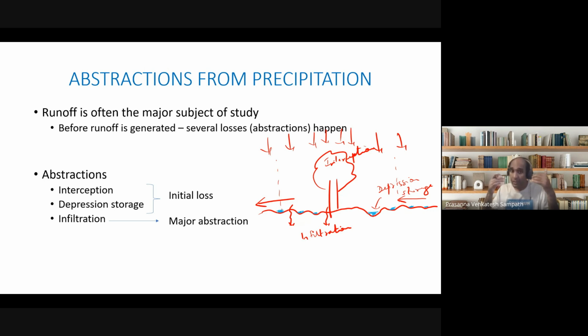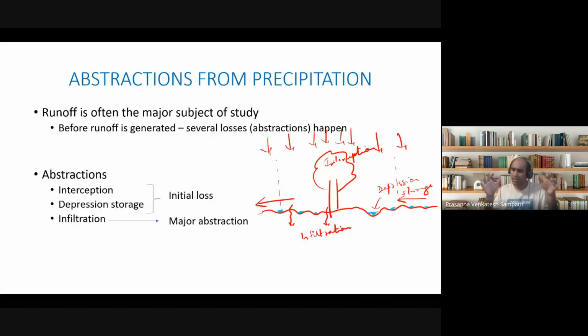And then infiltration, depending on other factors, maybe another 5 to 10% might be lost in the form of infiltration. So I got 1 centimeter of rainfall, about 10% became infiltration, about 5% went from interception and depression storage combined, so around 15%. So the remaining 85% will become runoff. I'm just giving you rough numbers.